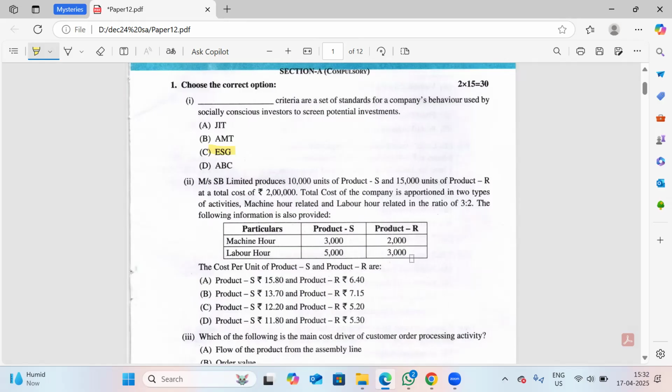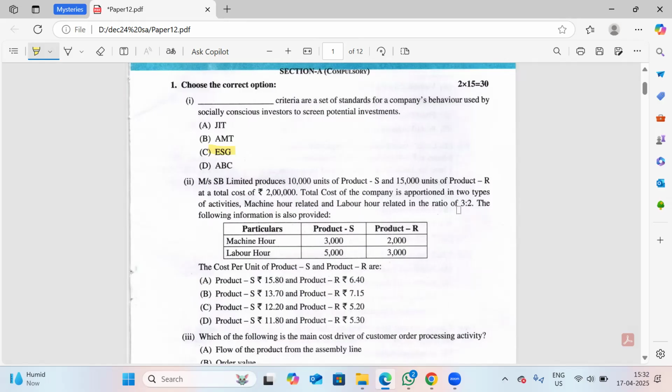Here they have given the total cost, that is 2 lakhs. In this, how can we identify the machine hour related and labor hour related costs? They have given 3:2.